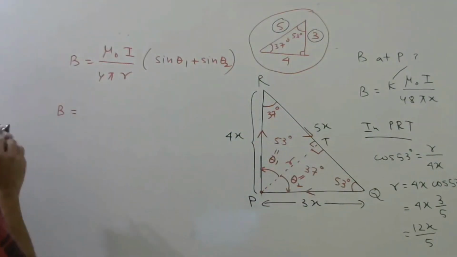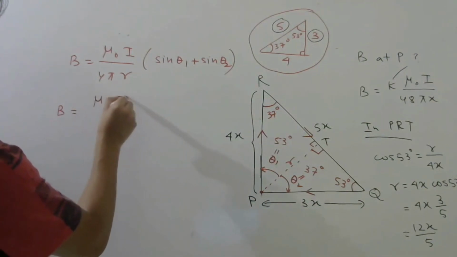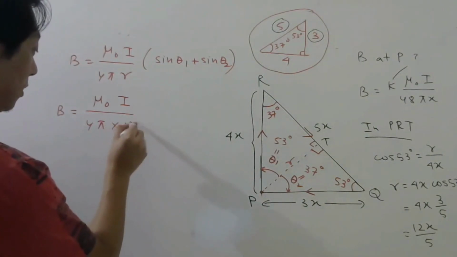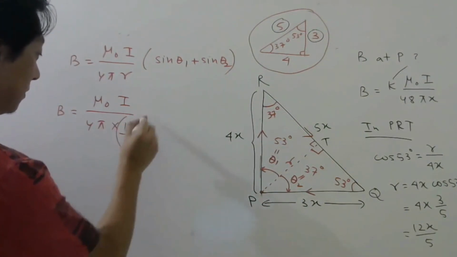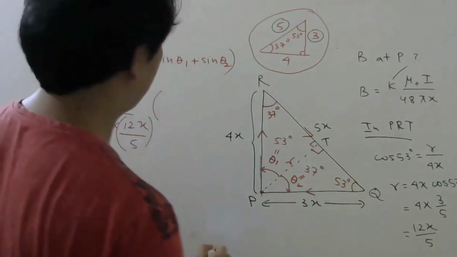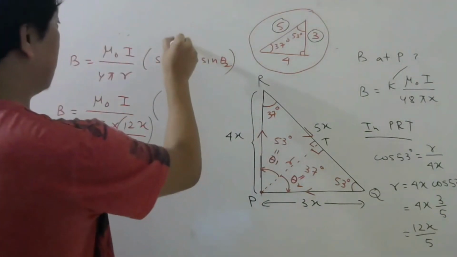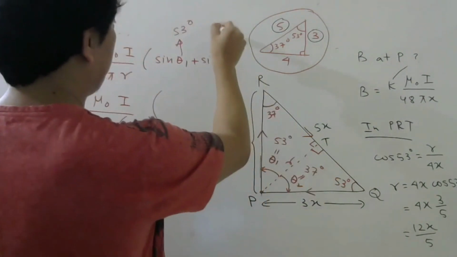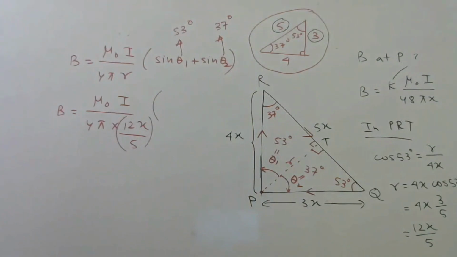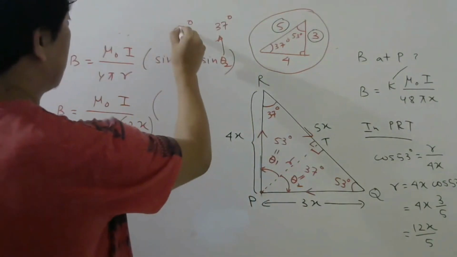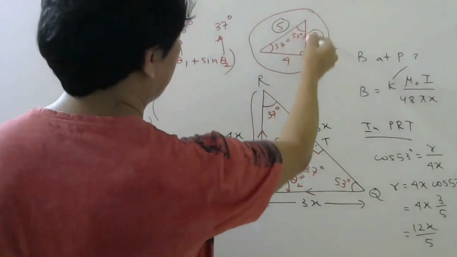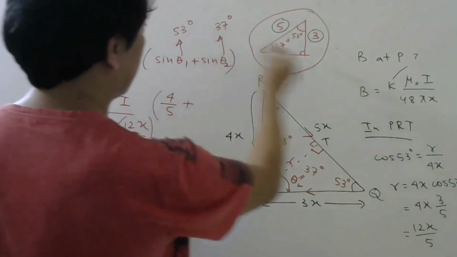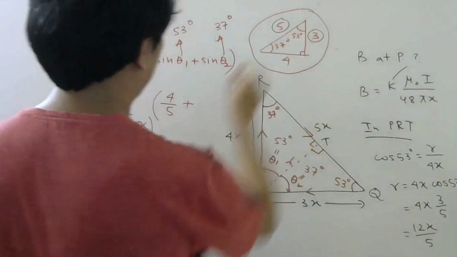So this will be mu naught I by 4 pi R. What is R? 12x by 5, times sine theta 1 plus sine theta 2. Theta 1 is 53 degree and theta 2 is 37 degree. Correct? So sine 53 degree will be what from here? Sine 53 is 4 by 5. And sine 37 will be 3 by 5.